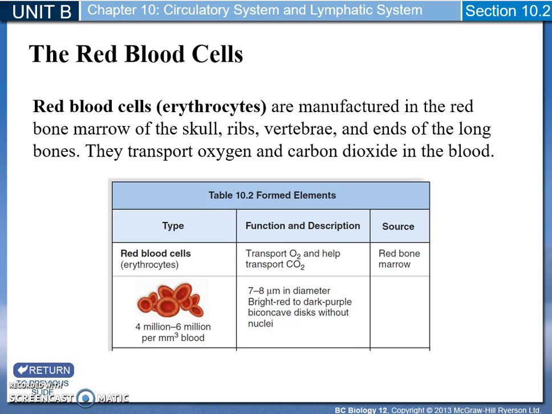And obviously they transport oxygen and carbon dioxide within the blood. And you can see about how many you will find in just a cubic millimeter. You can have up to 4 to 6 million red blood cells within a tiny little cubic millimeter.